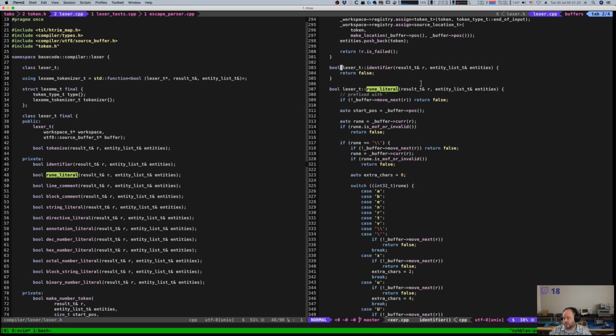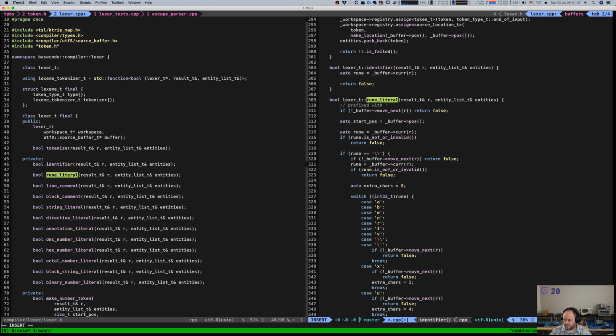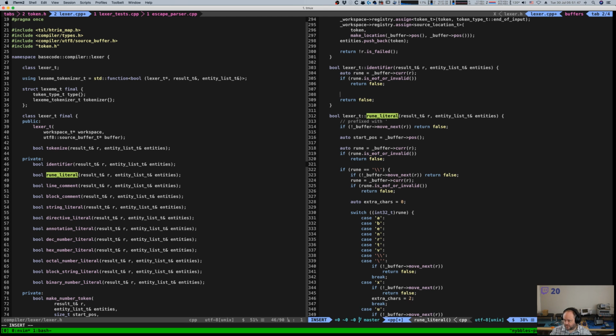And what we want to do here, a little bit different, is, oops, we want to read the current character here. And then obviously if it's bad, we'll bail. And then an identifier can start with underscore or an alpha character.